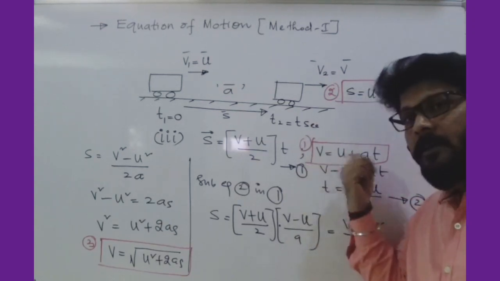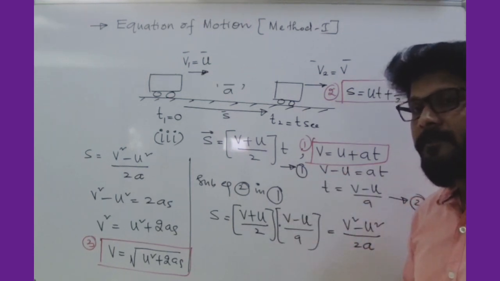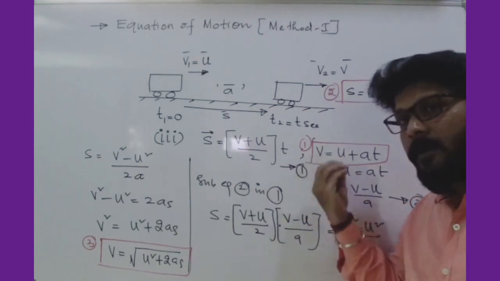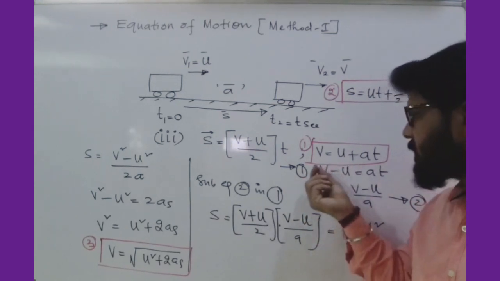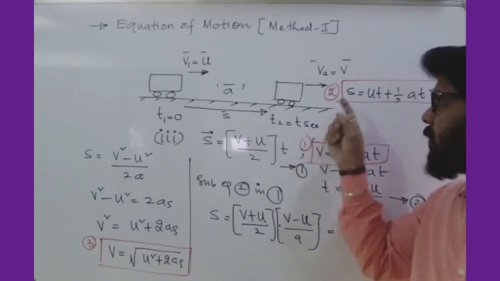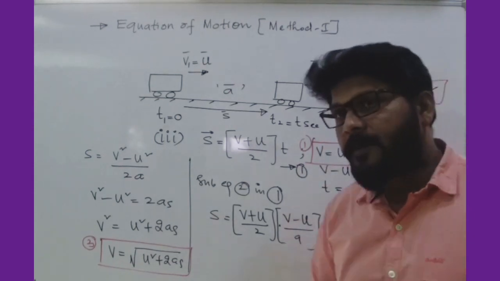When we are solving any question, if the problem says, what is the velocity after t seconds, we use V is equal to U plus AT. What is the displacement after t seconds, S is equal to UT plus half AT square.